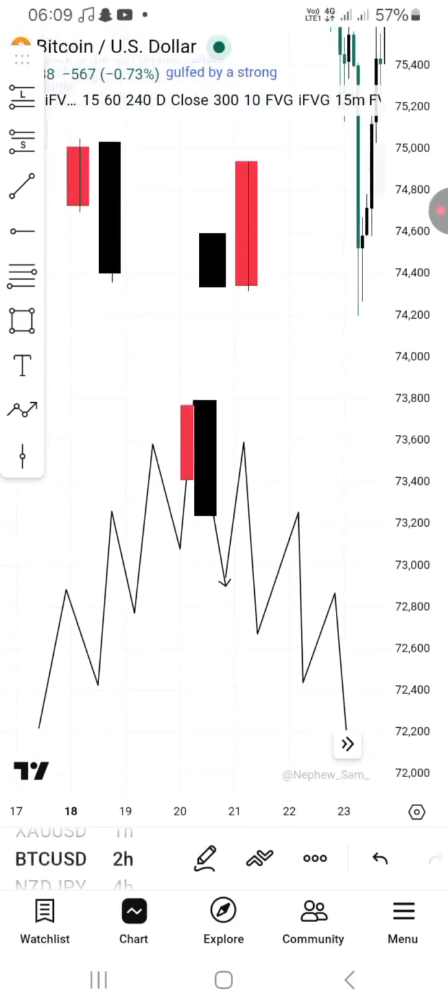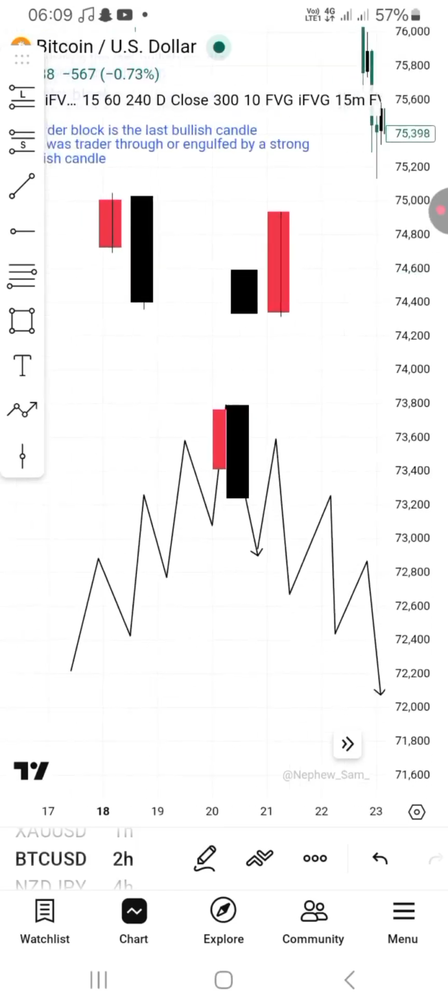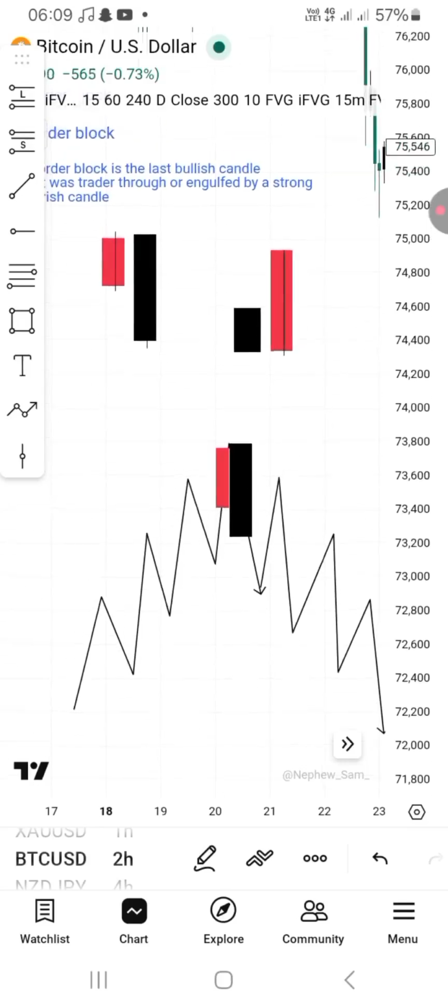Now, for an order block to be valid, it has to break market structure. That order block has to lead to a break of market structure, and it has to leave behind a fair value gap. We are not looking at fair value gap now. We are just focusing on order block.